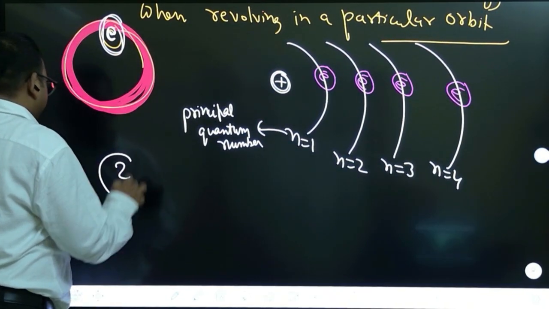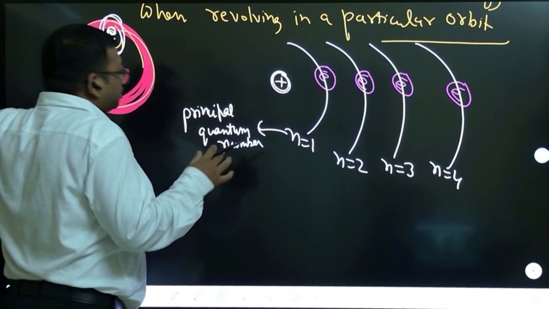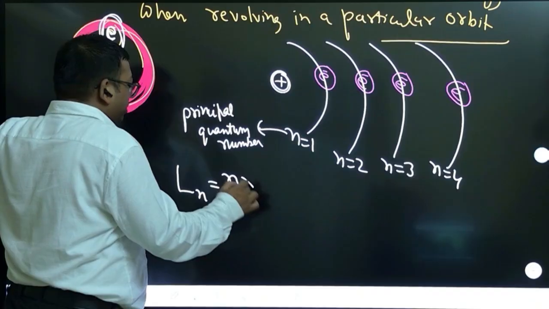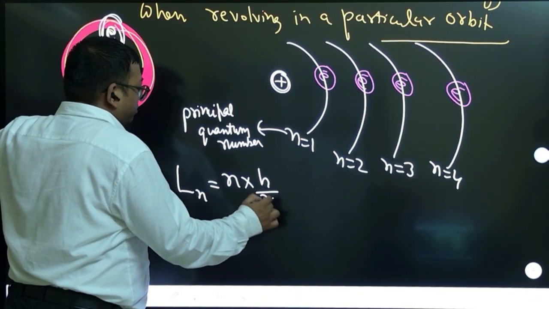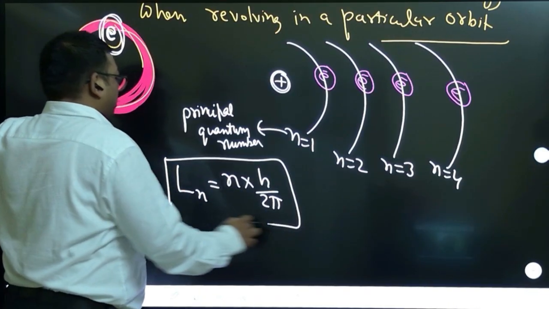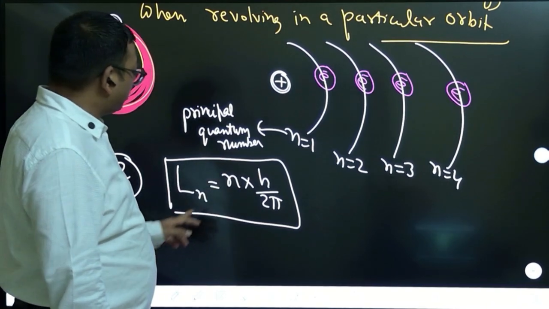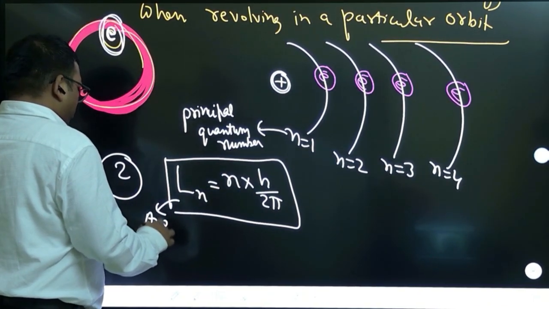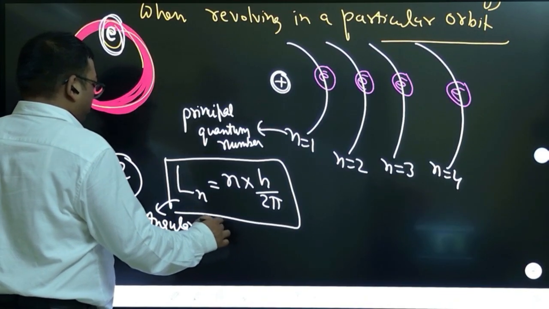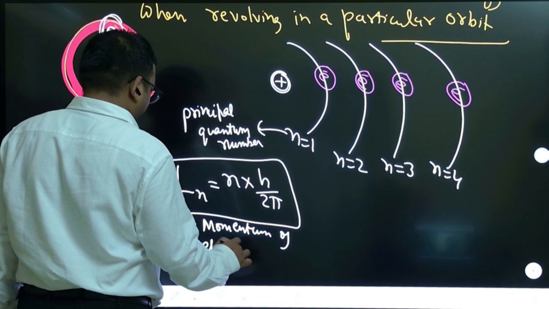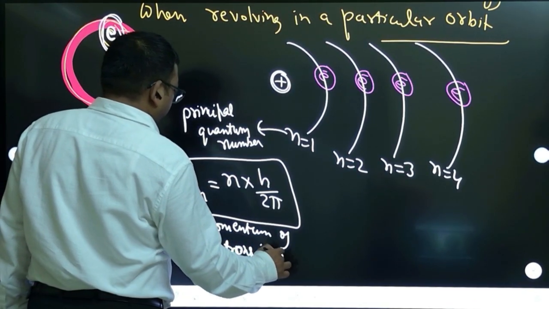Then the second idea he gives is that electrons revolve in certain orbits where the angular momentum of that orbit is an integral multiple of h upon 2 pi. That means L equals nh by 2 pi, where L is the angular momentum of the electron in the nth orbit.